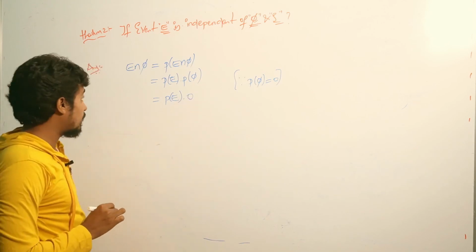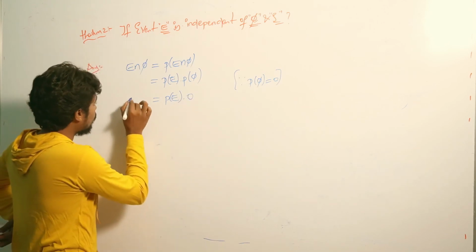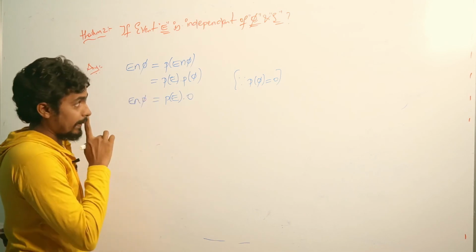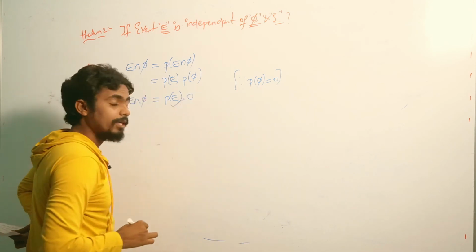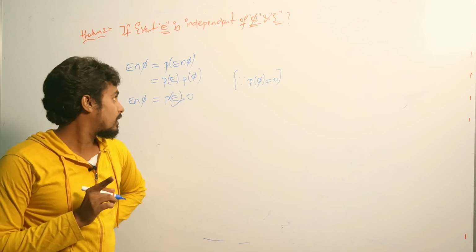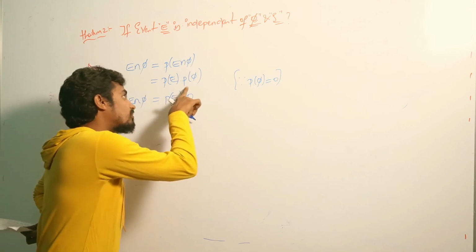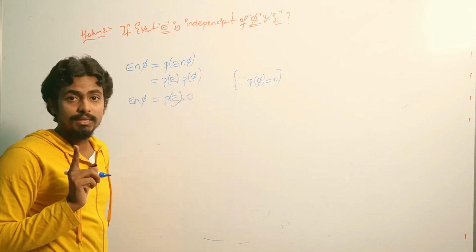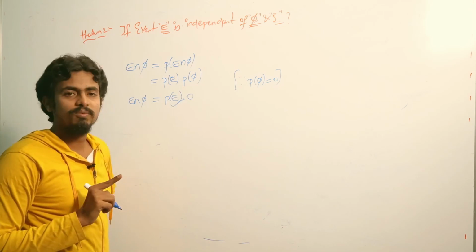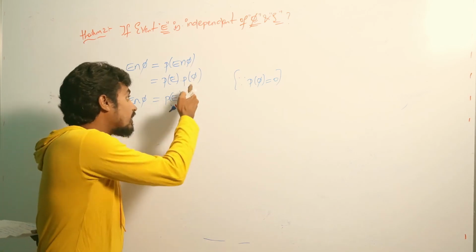Hence, here you can observe one thing. In the probability of an event E, we have some variables, but in the second, the probability of phi, you can't get any variables present. That means it is the null set.